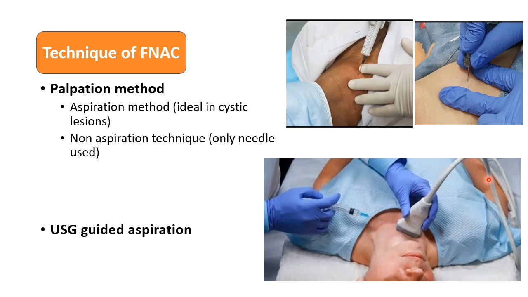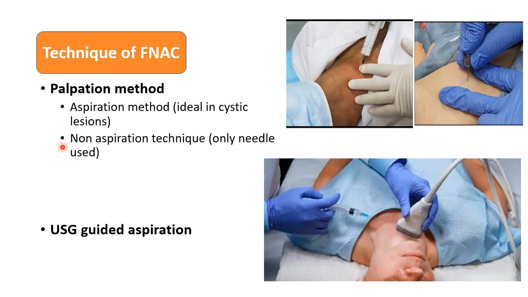So coming to technique of FNAC. For doing FNAC, we can either do ultrasound guided aspiration or we can do aspiration by palpation method. In palpation method, we directly palpate the lesion and do the aspiration cytology, which can be either aspiration method or non-aspiration method.